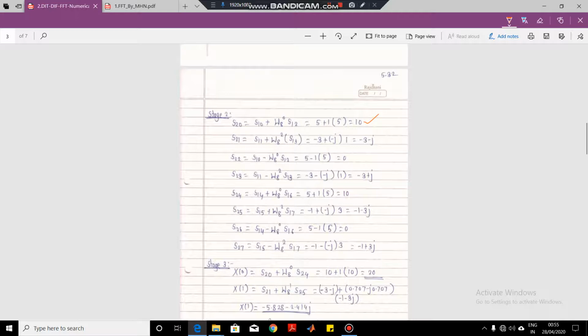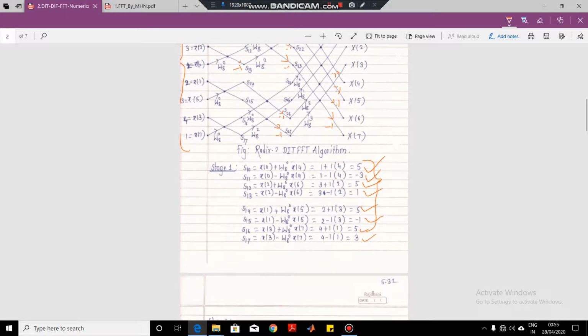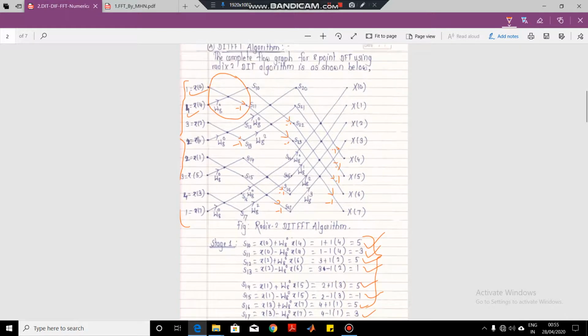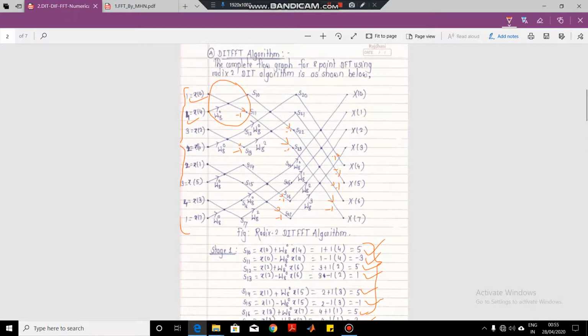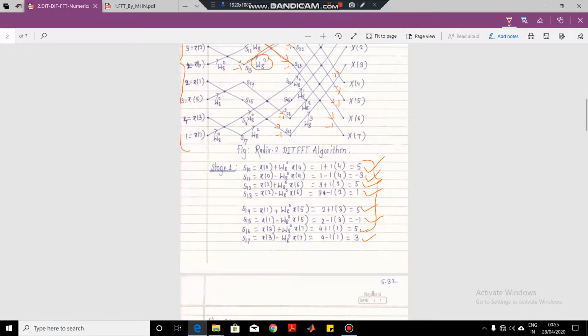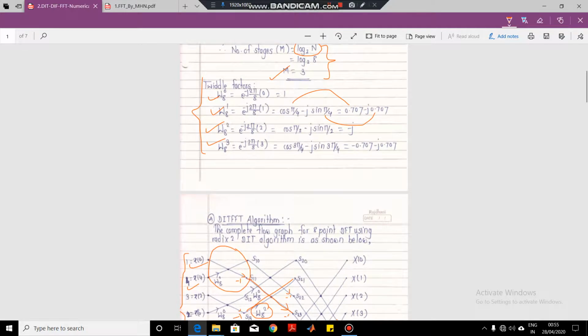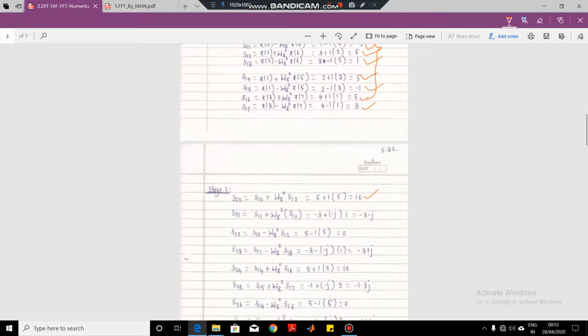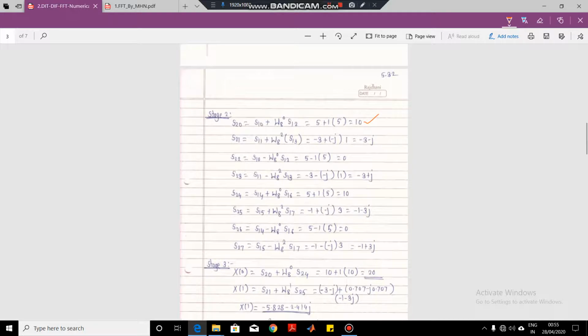Second, S11 plus S13 into W82. W82 we have computed in our calculation: W82 is equal to minus j. So our output will be S11 plus minus j, so the answer is -3 minus j.